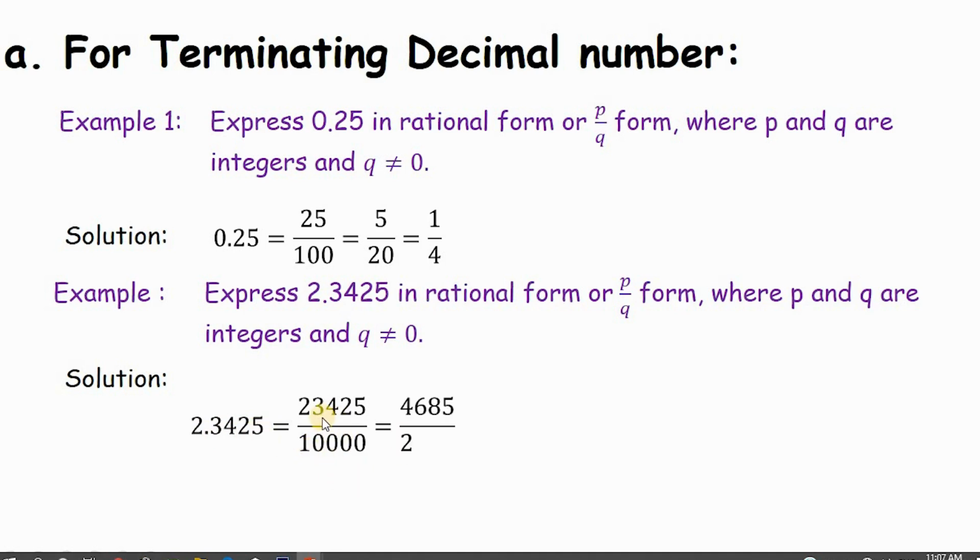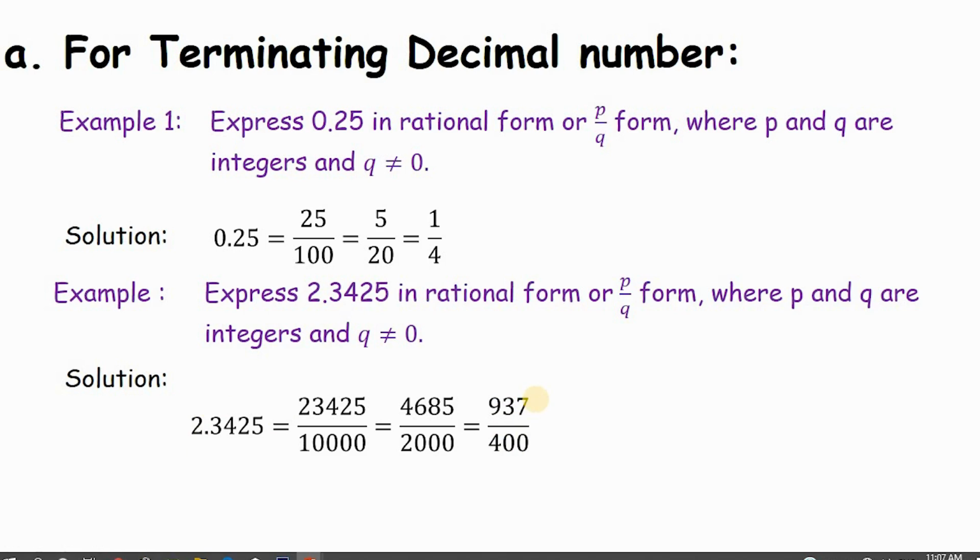Here you have a common factor 5, so divide both numerator and denominator by 5, you get 4685 by 2000. Again you have a common factor 5, you divide both by 5, you get 937 by 400. And this is our required rational form of the given decimal number.